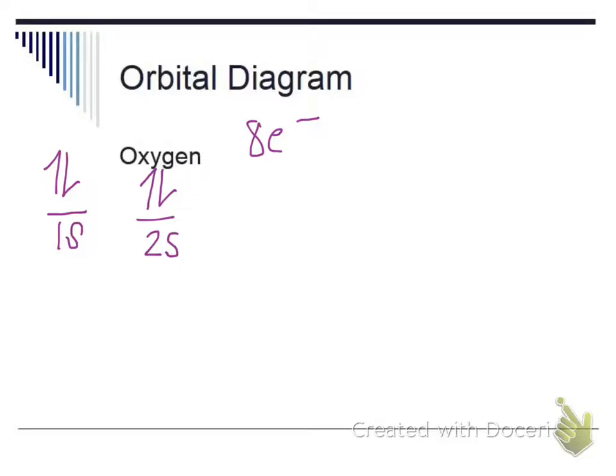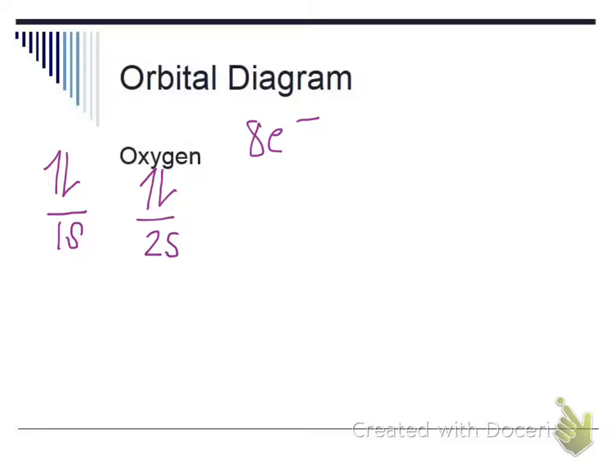I need 8 electrons, do I not? 8 minus 4 is 4. I have now filled my 2s. What comes next? Look at the chart. 2p. 2p or not 2p? That is the question.